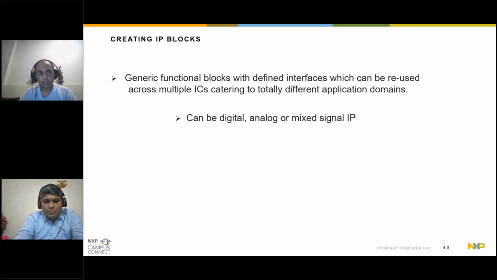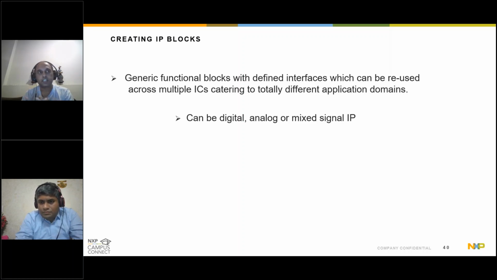So what ultimately happens is there are some standard functionalities which are carved out from the silicon, and those standard functionalities are the basic building blocks which can be reused from one SOC to other SOCs. These reusable building blocks, in simplistic terms, can also be called IP blocks.